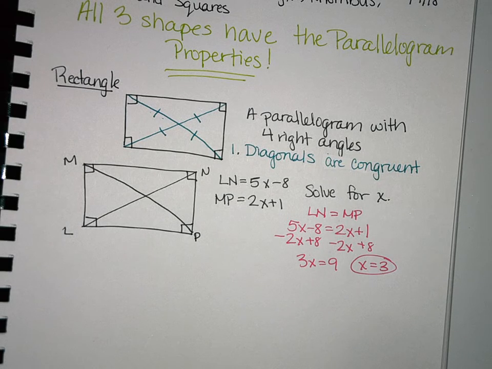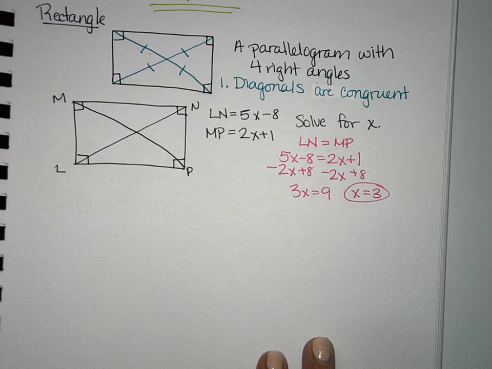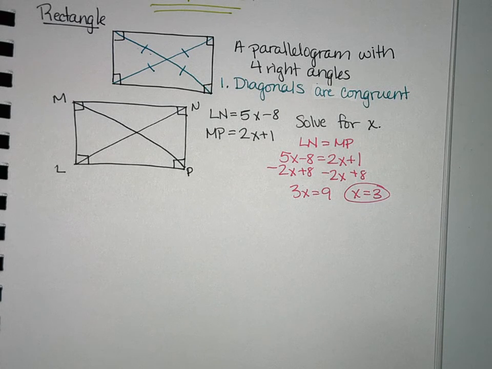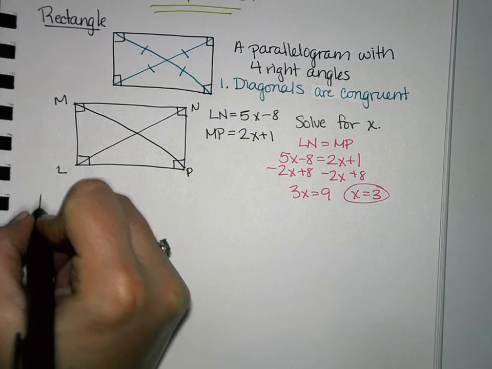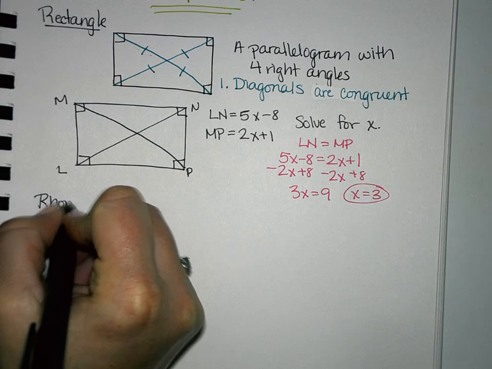Okay. Any questions about rectangles at this point? Okay, on to the next shape. Our next shape is a rhombus.